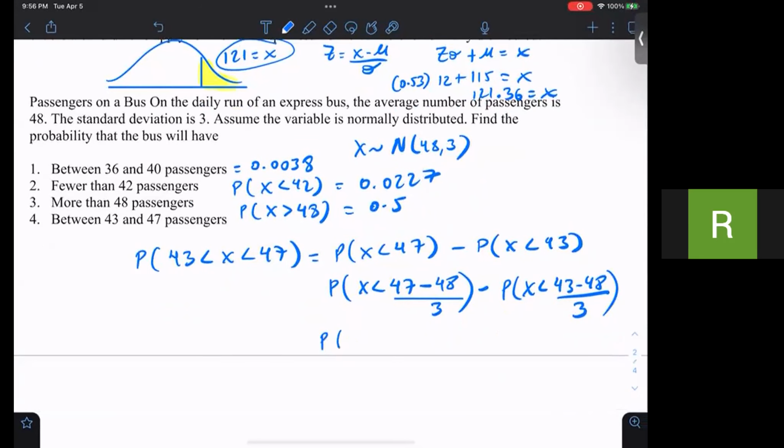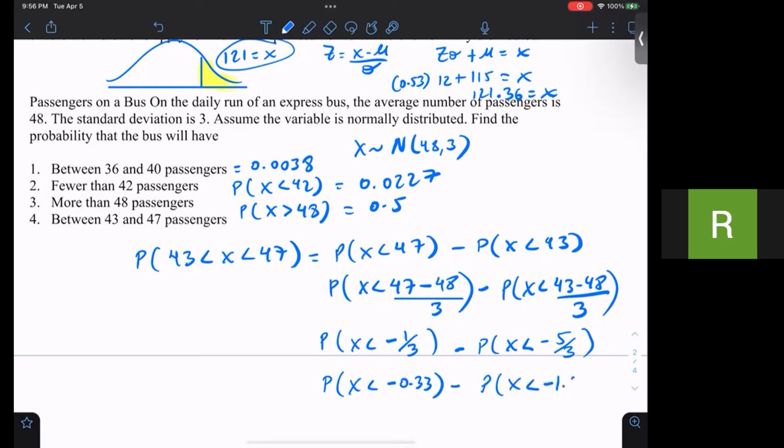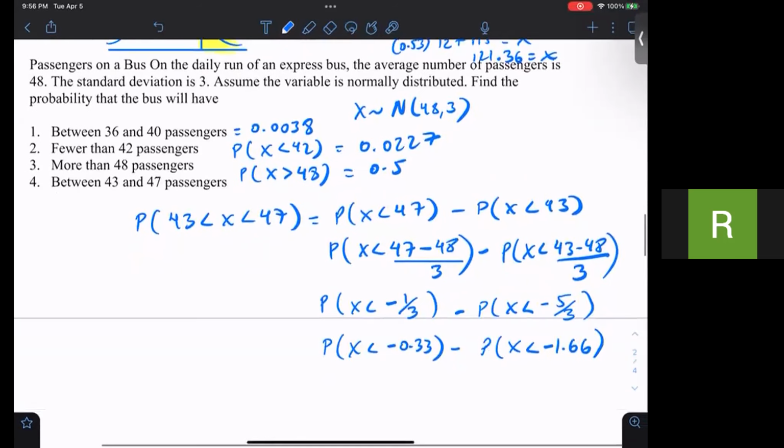So you get negative 1 over 3, which is 0.33, minus X less than negative 5 over 3, that's 1.66, X less than negative 0.33, minus the probability of X less than negative 1.66, and then you can switch it again.